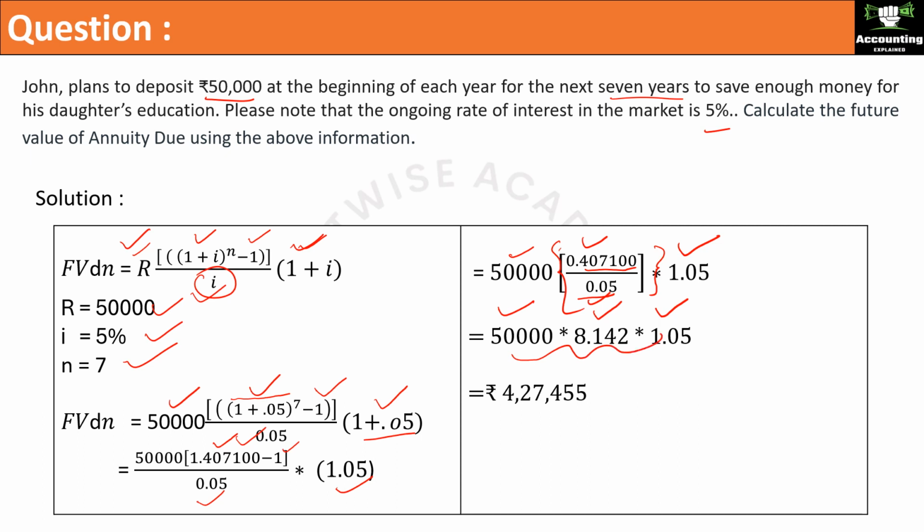On simplification, we get rupees 4,27,455 as the future value of annuity due. So Mr. John will get rupees 4,27,455 at the end of 7 years if he deposits 50,000 at the beginning of each year at an interest rate of 5%.